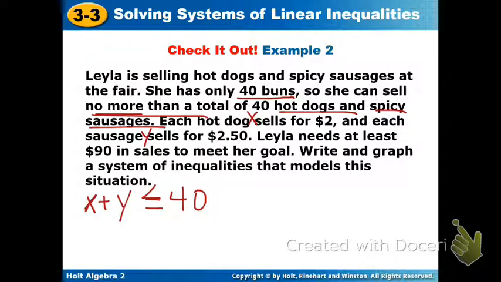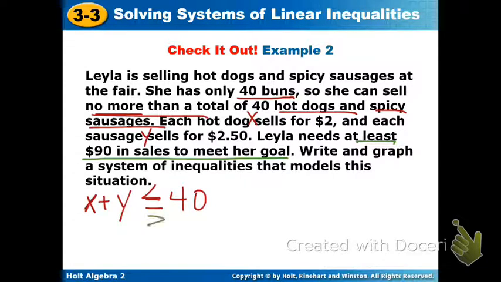Our next one is usually all about the money. Layla needs at least $90 in sales to meet her goal. At least, remember, was greater than or equal, like the $30 to spend on dinner.